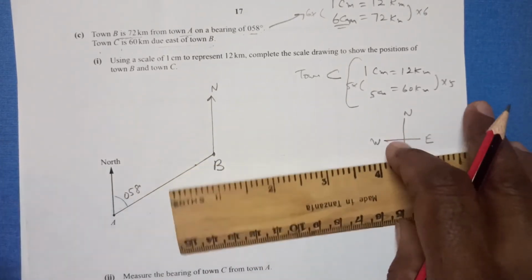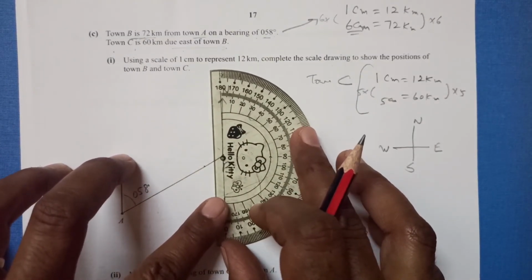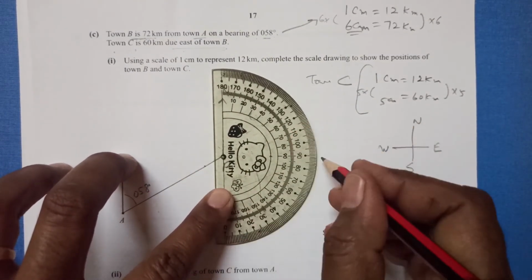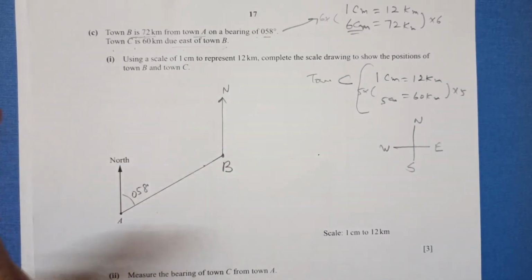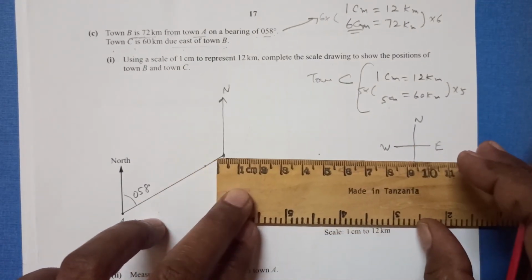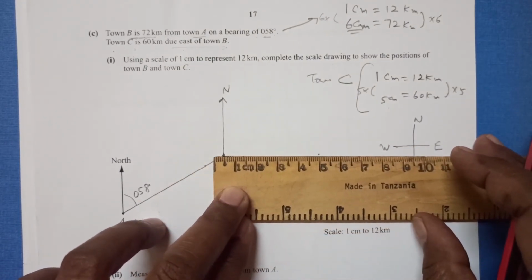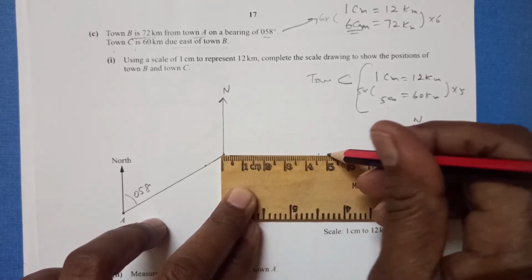So due east means at 90 of this from B. So we are going to draw an angle of 90 here. So at 90, this angle, it is how many? 5 centimeters. So from here we will draw exactly 5 here.